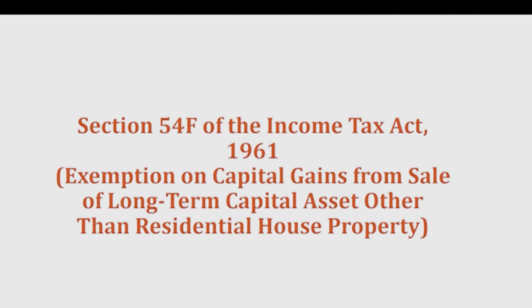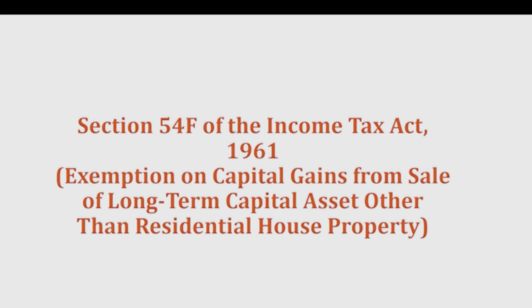So what is Section 54F of the Income Tax Act 1961? It provides an exemption from long-term capital gains tax on selling any capital asset other than a residential property.